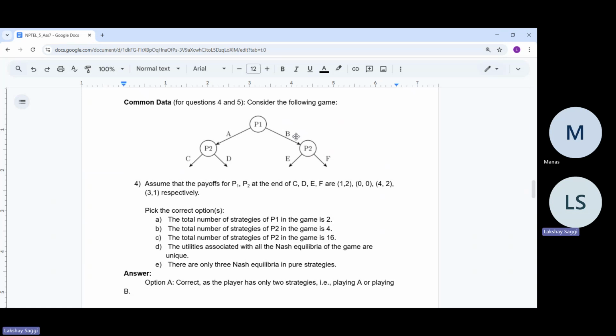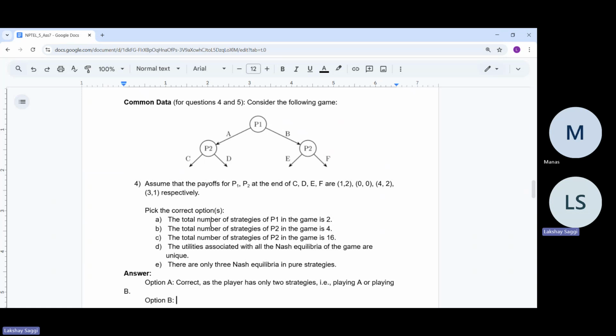But for now we'll be sticking with deterministic strategies, since in extensive form games we have not yet discussed mixed strategies. Throughout this session, we'll be assuming deterministic strategies and not mixed strategies. So in deterministic strategies, the player can just play A or play B. So there are just two strategies.